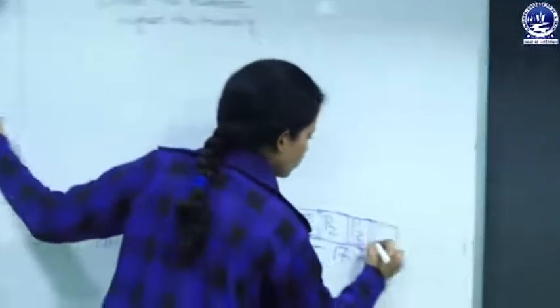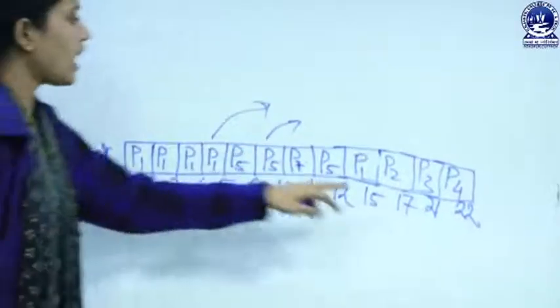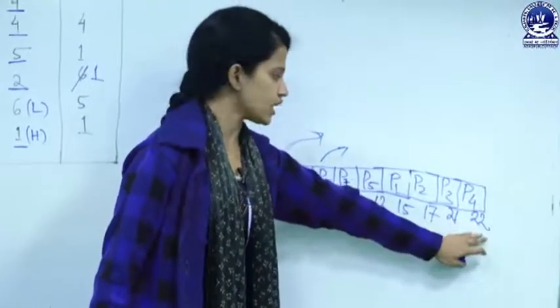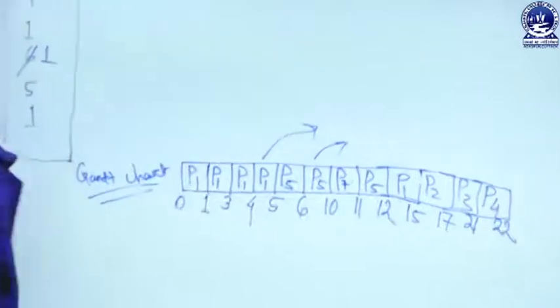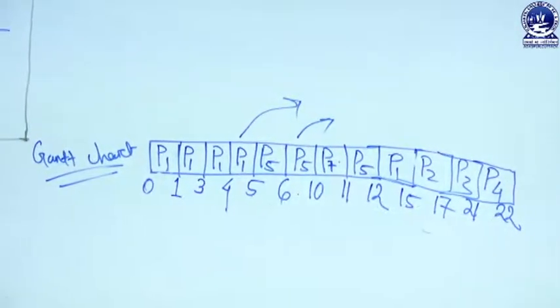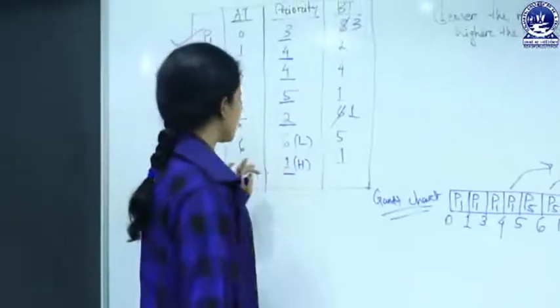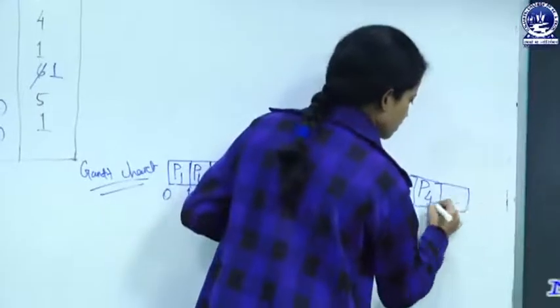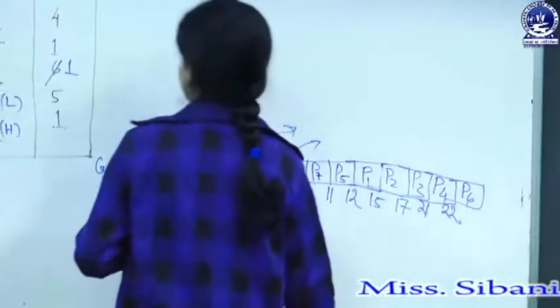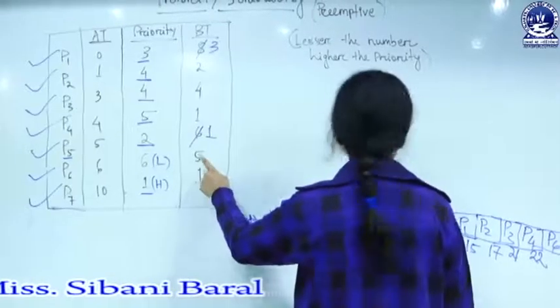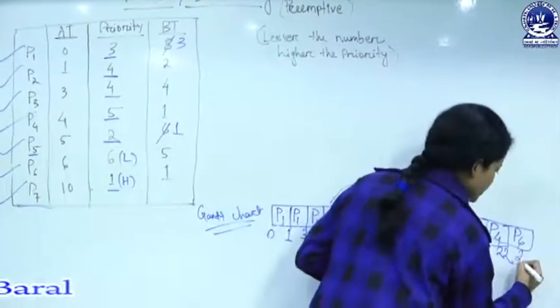So P4 is completed at 22. P4 completes its execution at 22. So finally P6, which is the last process. Allocate the P6 to the CPU, that is 22 plus 5. The burst time of the P6 is 5, that is 27.